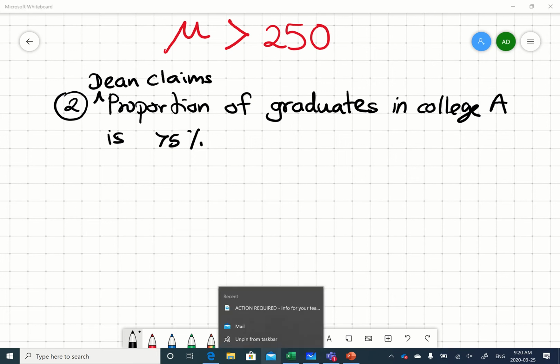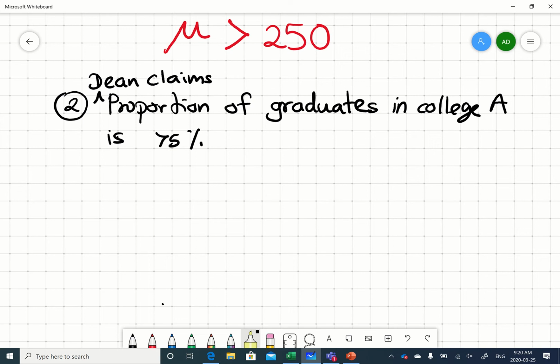When you build the hypothesis, you need to identify the parameter. Your parameter is the proportion, and then the comparison. Proportion compared to what? The proportion is 75%.